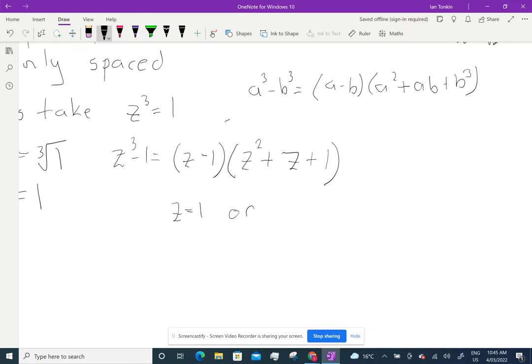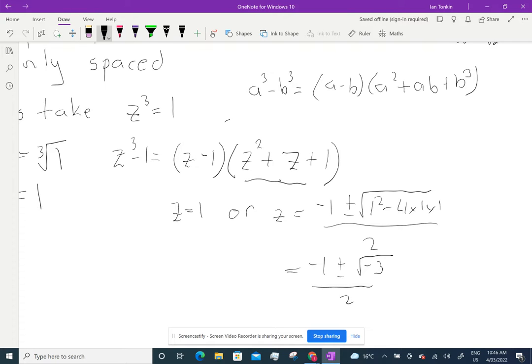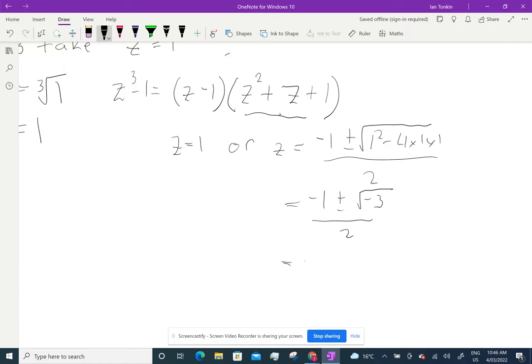or we use the quadratic formula for this bit, which is z equals negative 1 plus or minus the square root of 1 squared minus 4 times 1, over 2, which gives me minus 1 plus or minus the square root of negative 3, over 2, which gives me minus 1 plus or minus root 3i over 2.